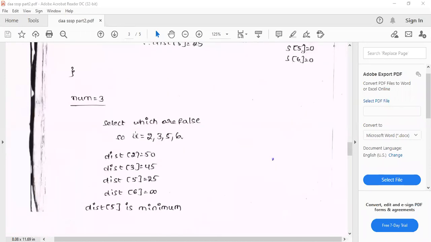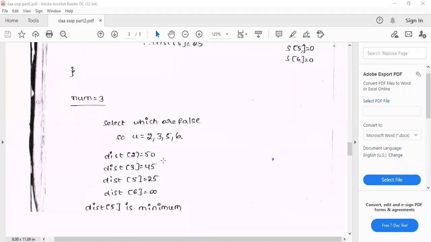Now the vertices not visited are the second, third, fifth and sixth vertices. Distance 2 equals 50, distance 3 equals 45, distance 5 equals 25, distance 6 equals infinity. Which is the minimum distance vertex?